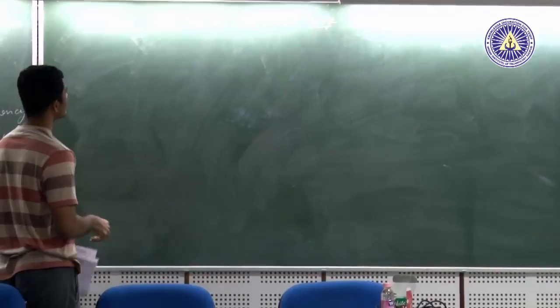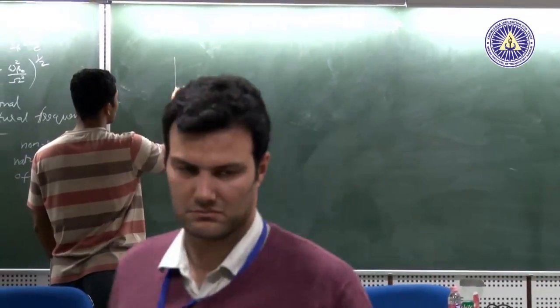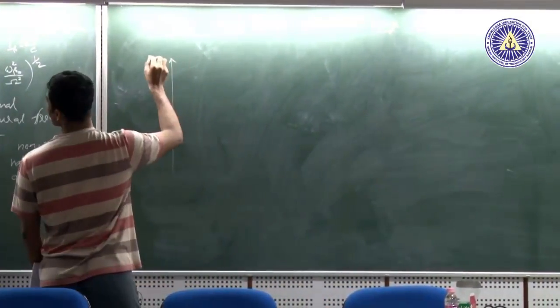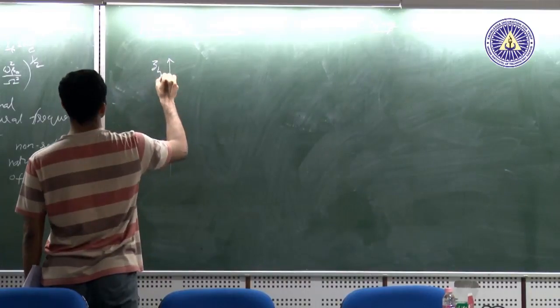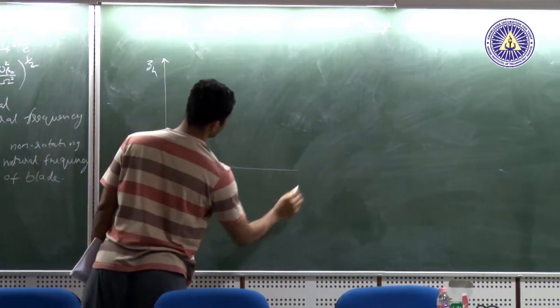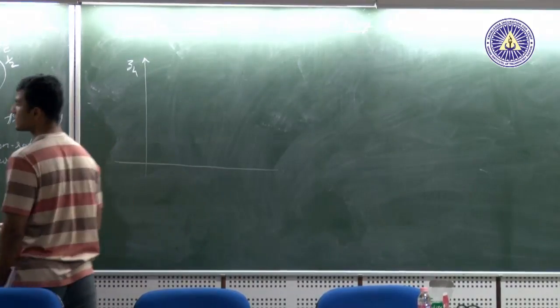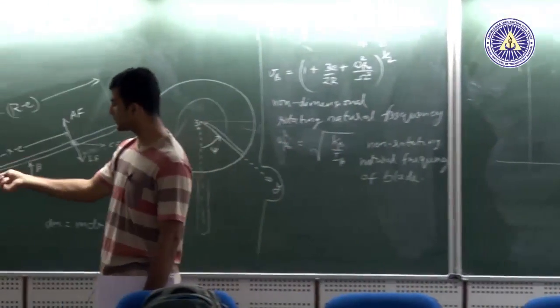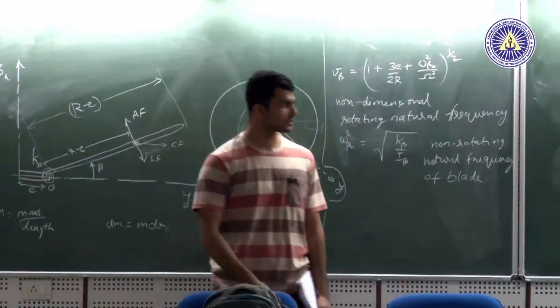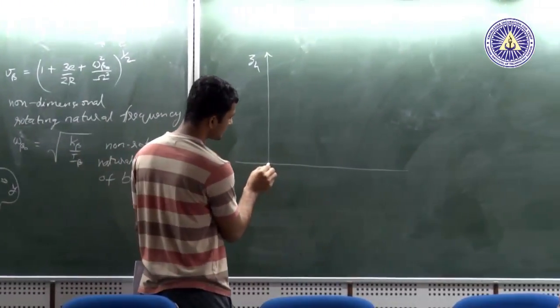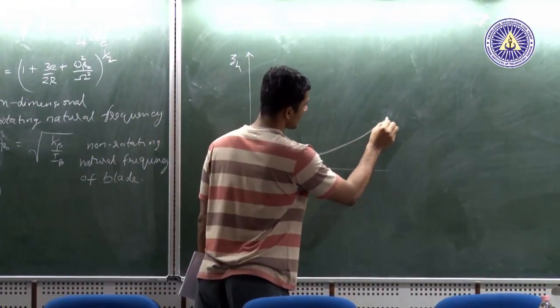So in case of a hingeless system, once again, this is my ZH, and there is no clear distinction of where the hinge offset is and where the spring is and other things. So you have a continuous deflection of the blade.